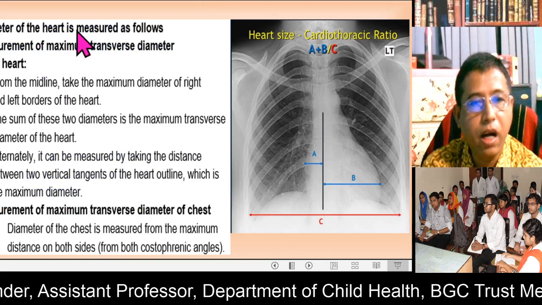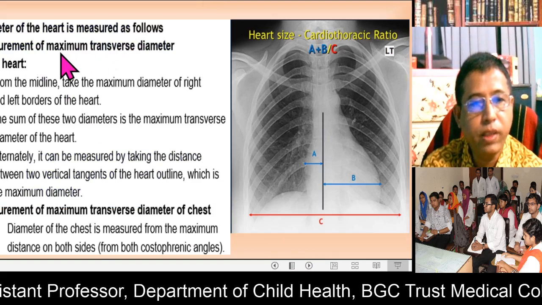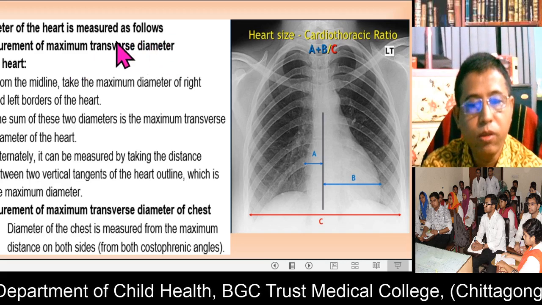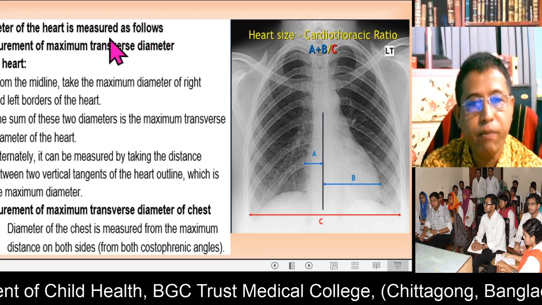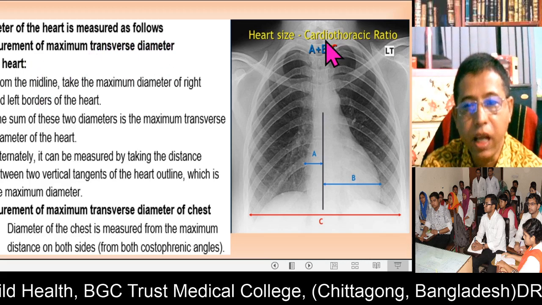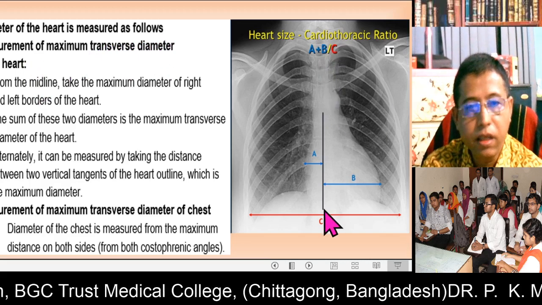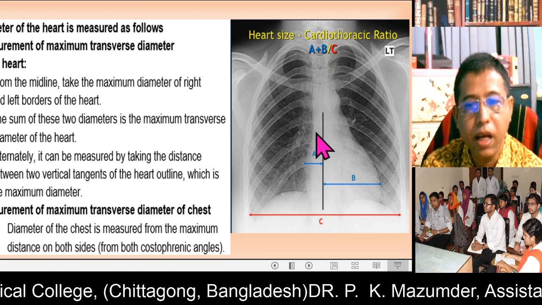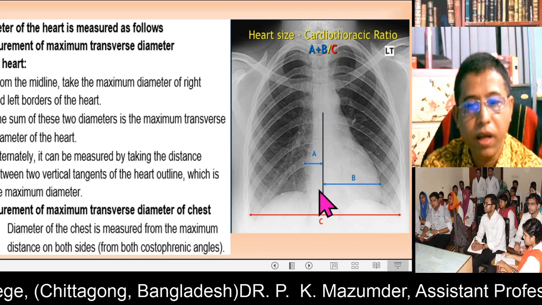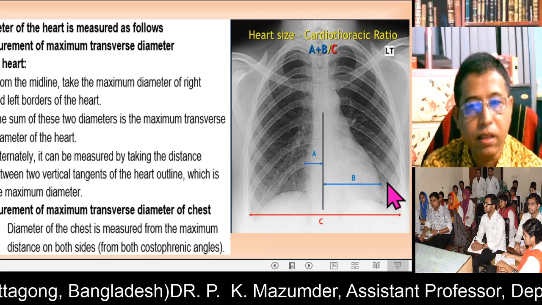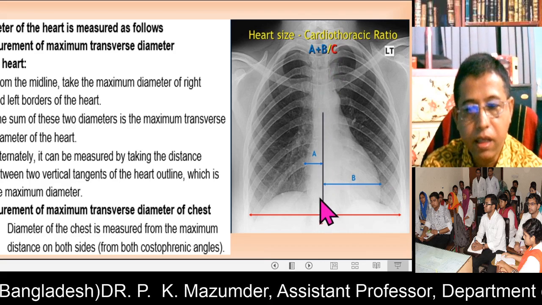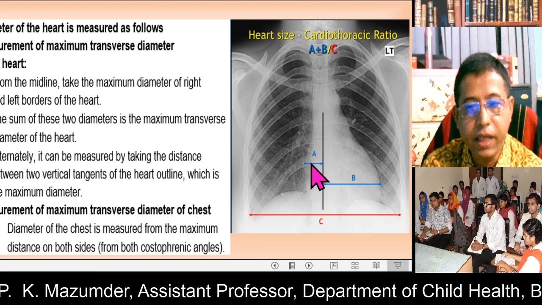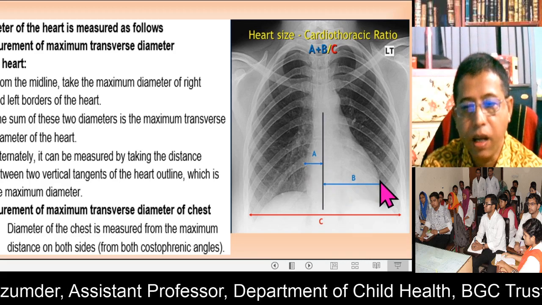Now the diameter of the heart is measured as follows: measurement of the maximum transverse diameter of the heart. So how can you measure it? From the midline, take the maximum diameter of the right border of the heart and the left border of the heart.